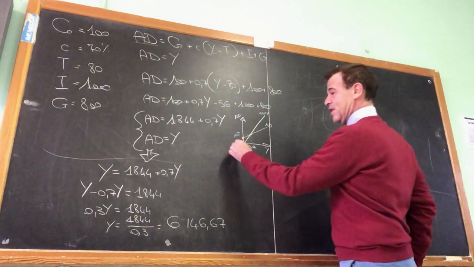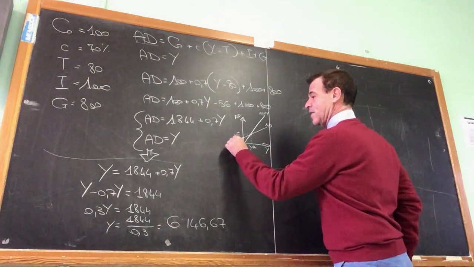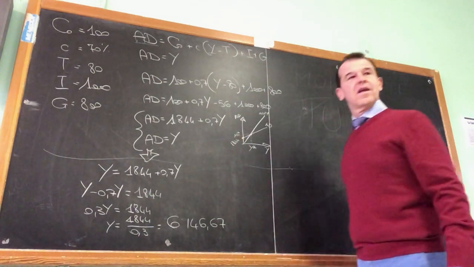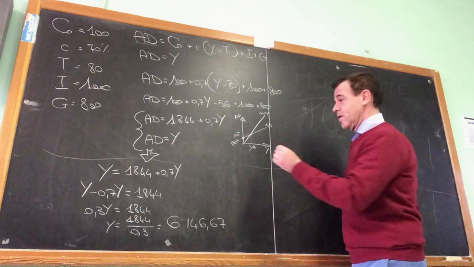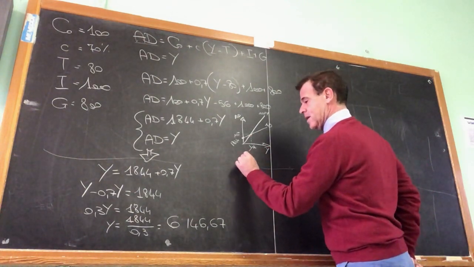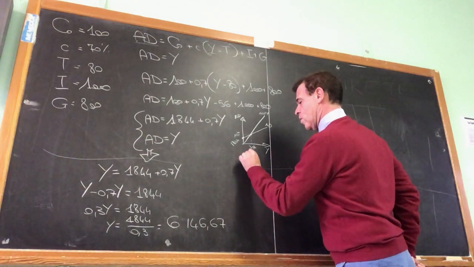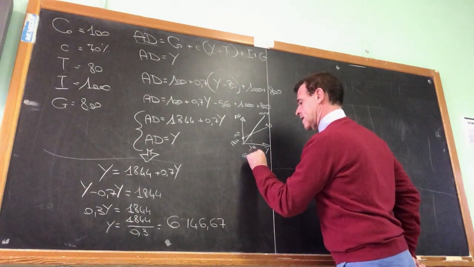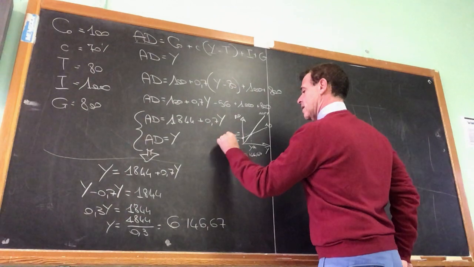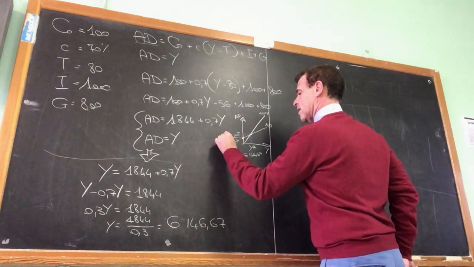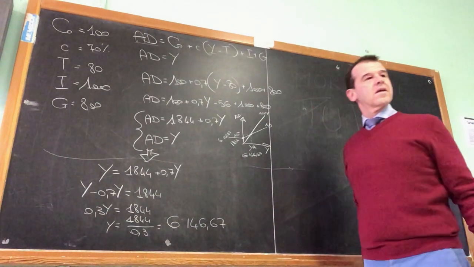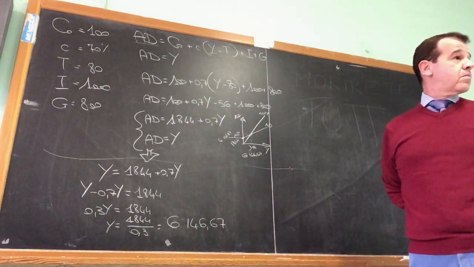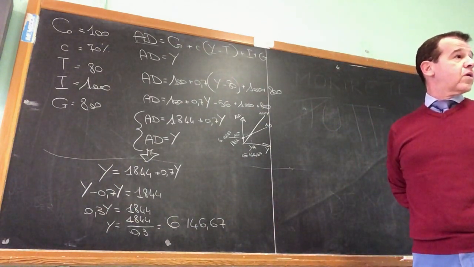Okay, we have this point which is 1844, and we have those values, which is 6,146.76. Okay?